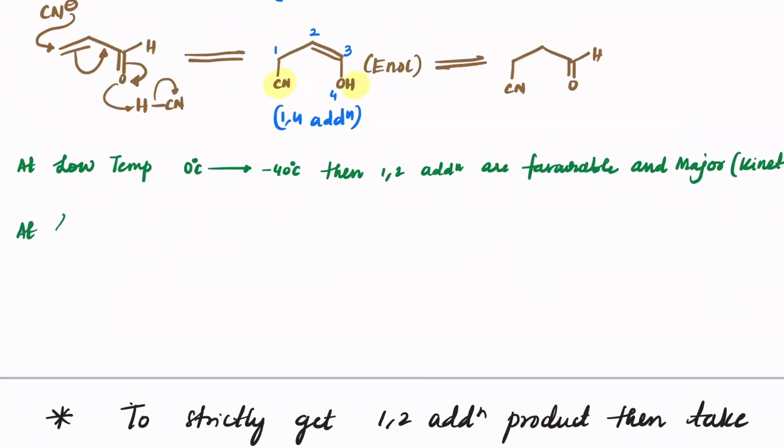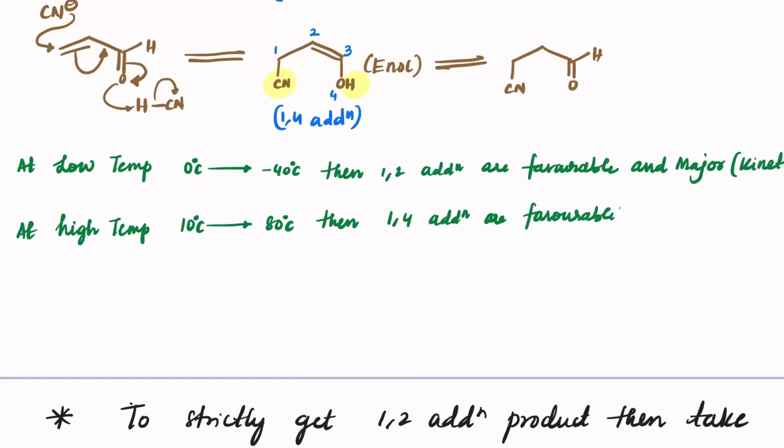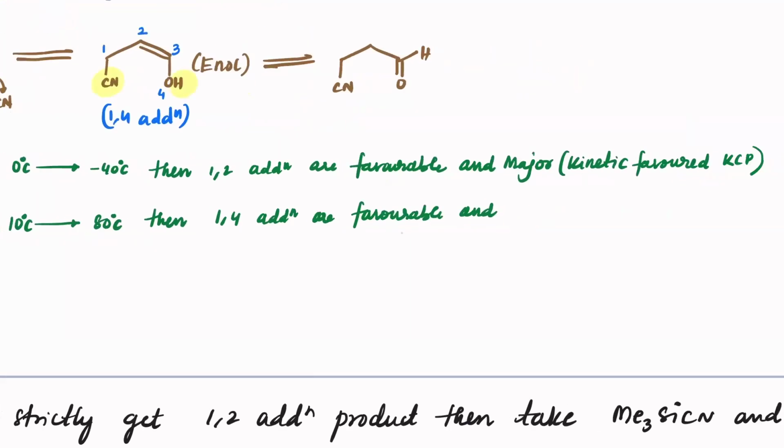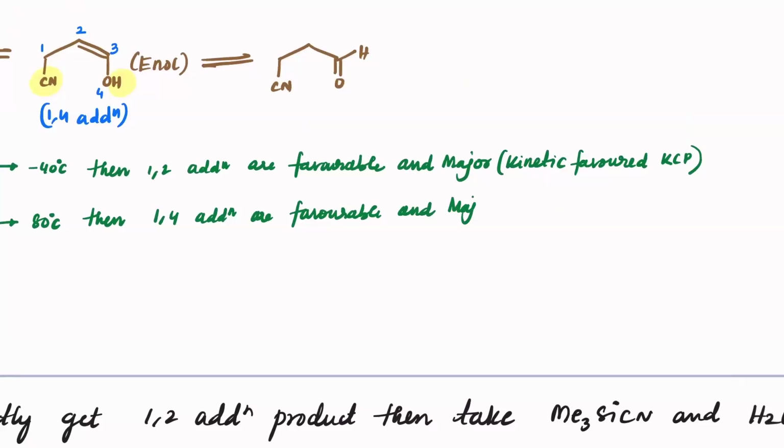At high temperature, that includes anywhere from 10 degrees Celsius towards 80 degrees Celsius like this, then 1,4 addition products are favorable and major.